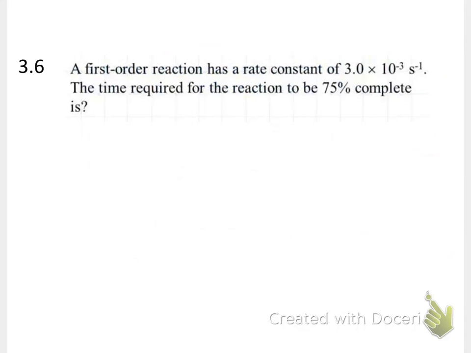Alright, here's another problem. A first order reaction has a rate constant of 3 times 10 to the minus third. What time is required for the reaction to be 75% complete? If I have some concentration X, after 1 half-life I'm going to have 0.5 X left, and after another half-life, I'm going to have 0.25 of X left.